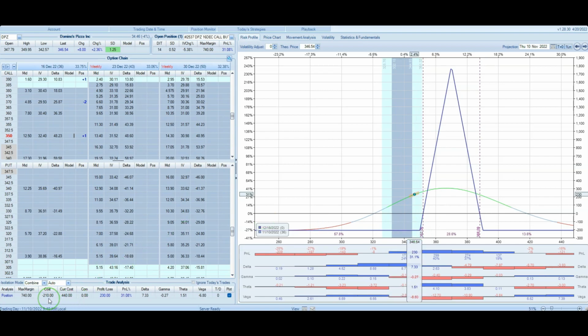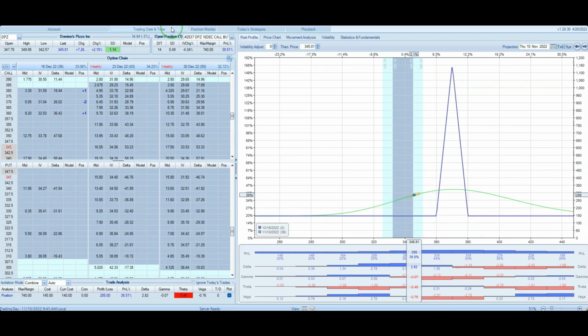My risk currently is $210. If I make the adjustment, this is what it looks like: I rolled the wings. Now my tent is very skinny, but with the adjustment I just did, I collected another $3.55. My risk before was $2.10, and collecting $3.55, I don't have any more risk in this trade. As a matter of fact, I have a net credit of $1.45 to keep this trade on.